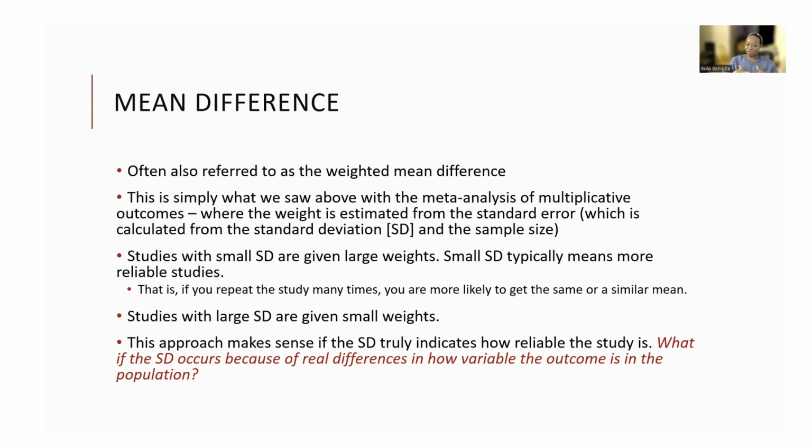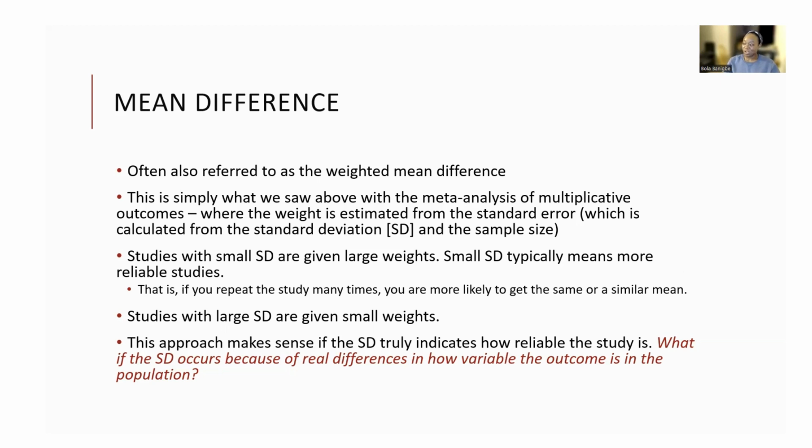For instance, if we want to look at the weight of kids in high school, that is variable. That's a wide range. If the standard deviation of the effect estimate is wide, is it because the study is not reliable? Is it because the effect estimate is not reliable? Or is it because it's just the nature of the outcome?